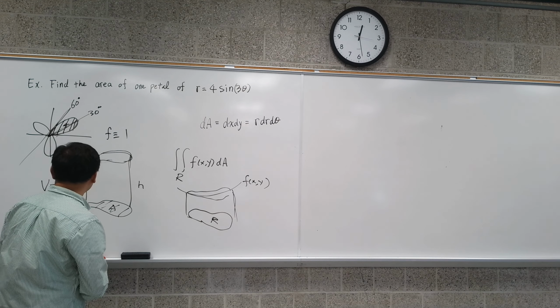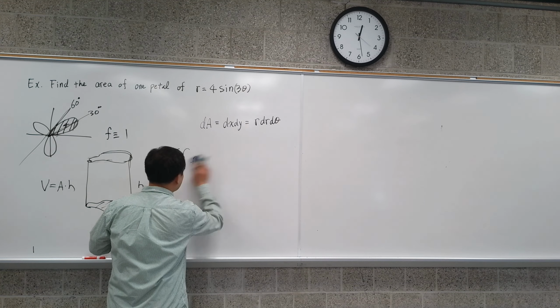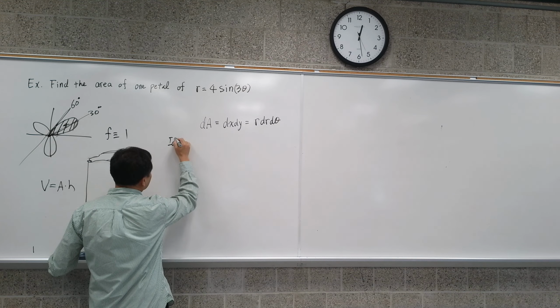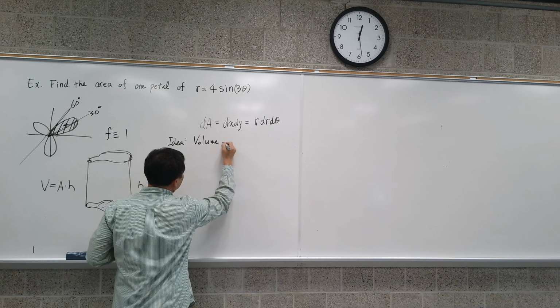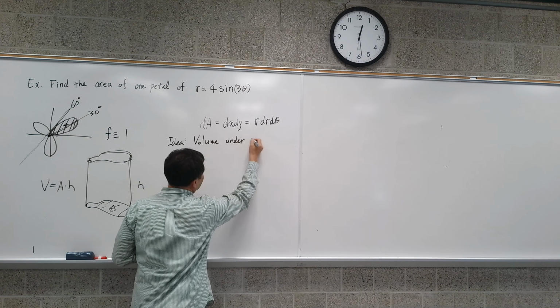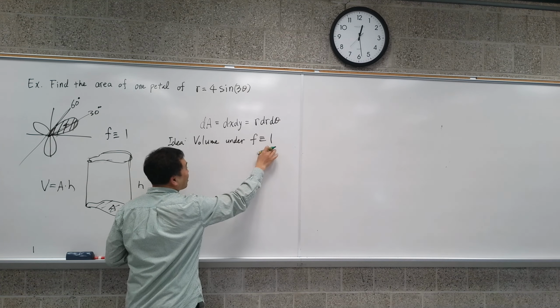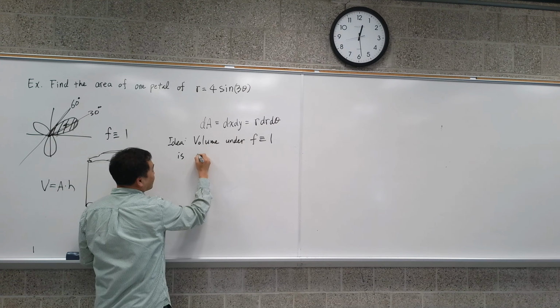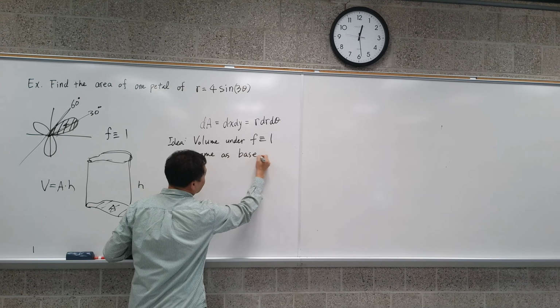So the central idea for doing this is that the volume under f equals 1, meaning f is always 1, a constant function, is the same as the base area.